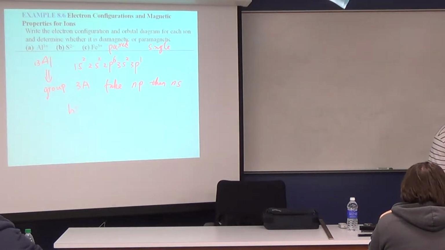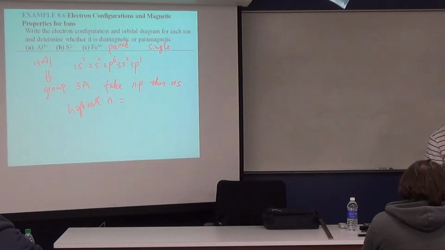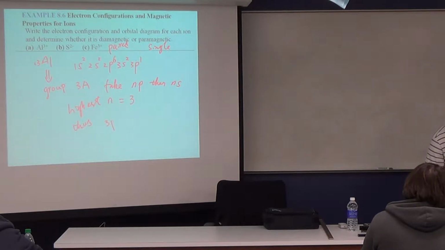For this example, the highest n is 3, for the configuration of the Al atom. Therefore, 3p1 first. If you take 3p1 away, you get 3p0, and that only gives you Al1 plus.